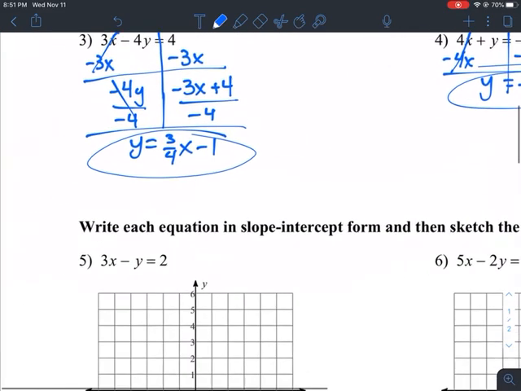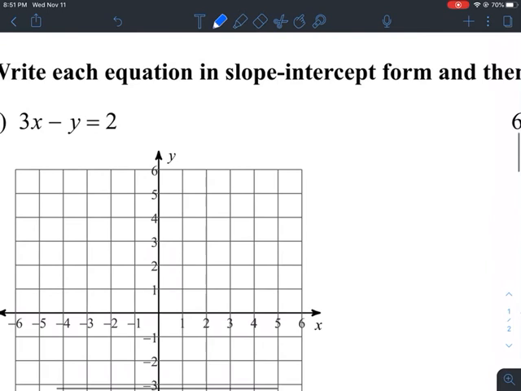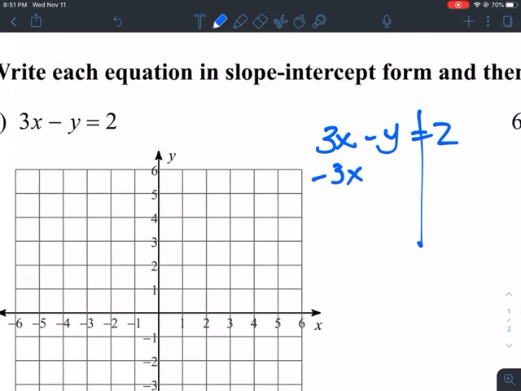Just solving for y. So now we'll do a couple more, but we're going to actually graph them too. So I'm going to write it over here so I have more room. So first, I am going to subtract my x's. So minus 3x on both sides.